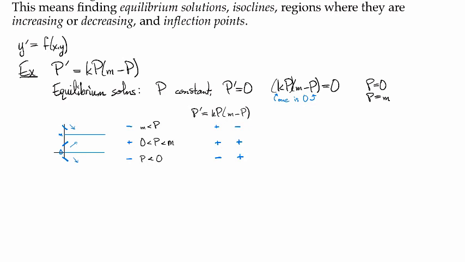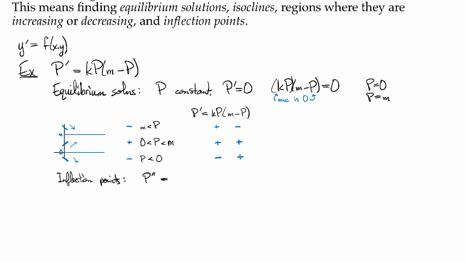What else can we determine by looking at this? Well, we can look for inflection points. That'll be where the derivative changes from being an increasing derivative to a decreasing derivative. So we need to look at the second derivative.